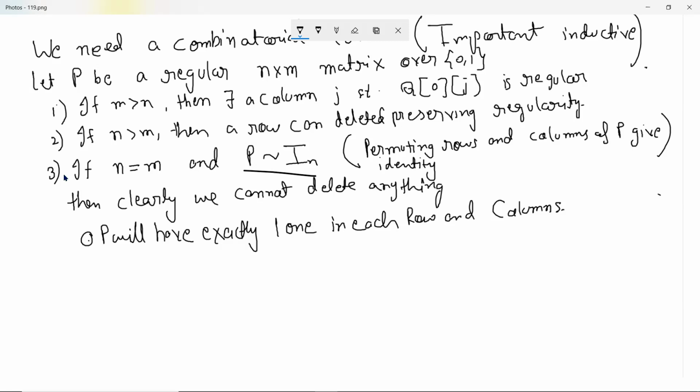Why are we interested in this concept? Because we know that if you have a matrix P whose rows and columns you can permute to get the identity matrix, then the semigroup corresponding to this matrix P would be the same as the semigroup corresponding to the identity matrix, right? They will be isomorphic. That's what we have shown.